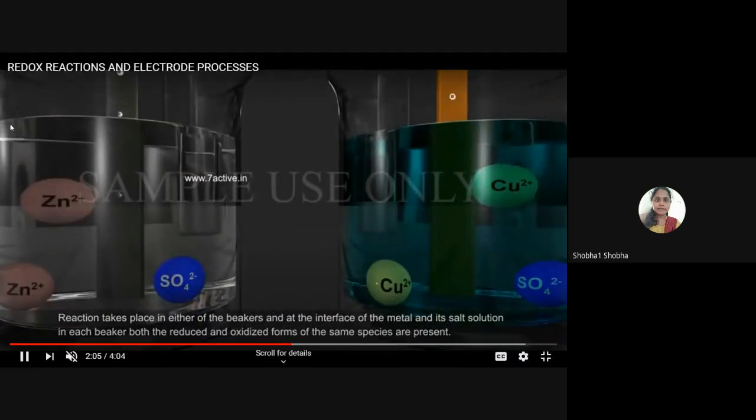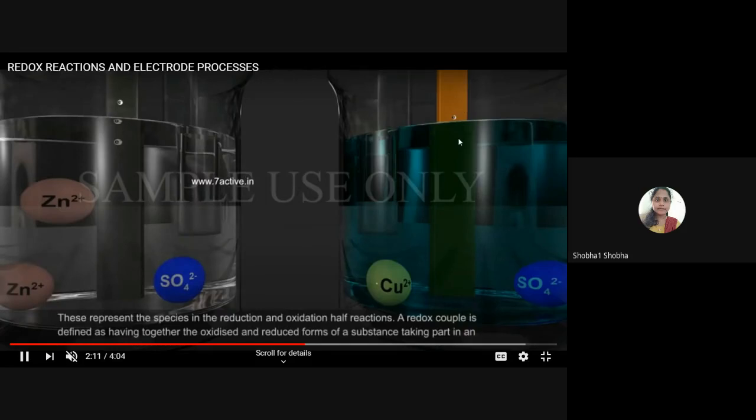See here, zinc is converting into zinc plus 2 and electrons are going. How fast it is going, you can see. The electrons are coming here, and copper ions are going towards that electrode, and thereby my copper plus 2 is converting into copper atoms.